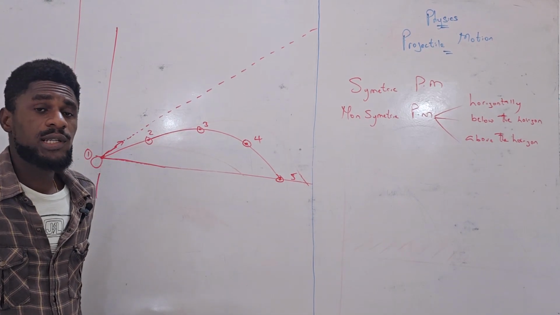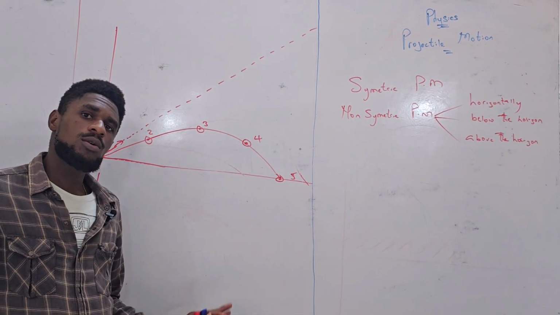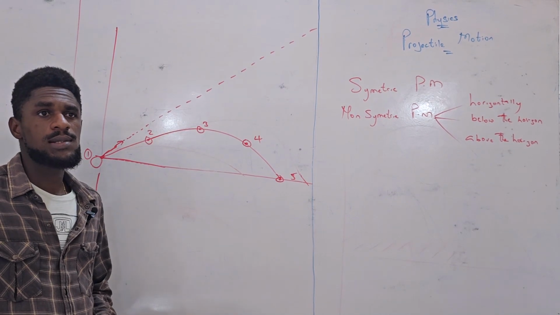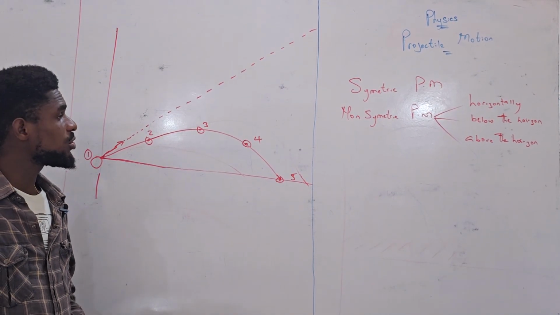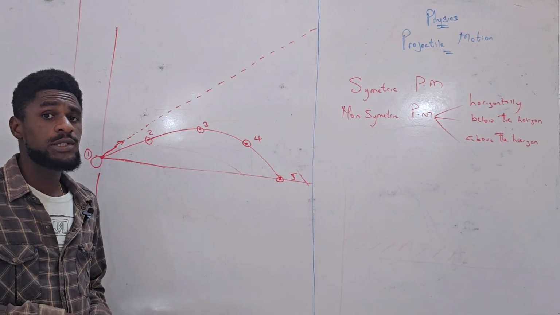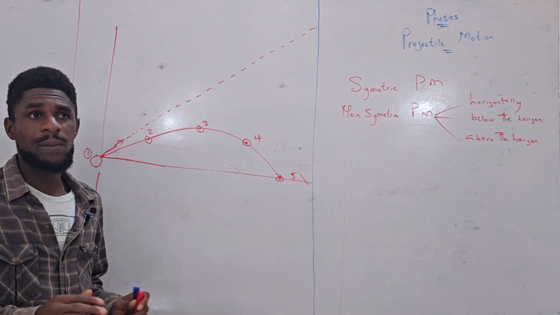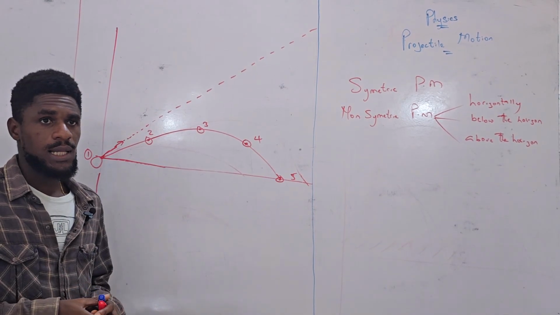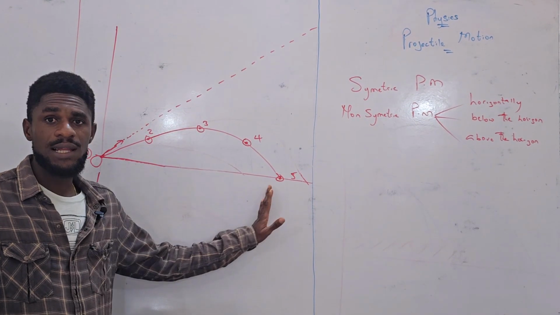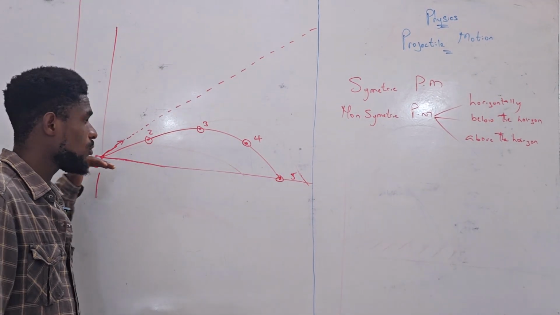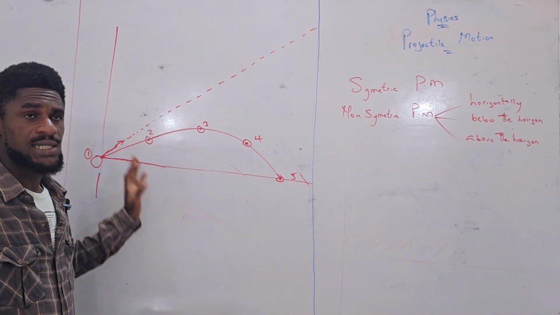Now, for symmetric projectile motion, since from our definition we said projectile motion is a motion in 2 dimensions, we want to analyze what is actually happening in both dimensions before combining them. That is, we look at motion horizontally first, and then move on to motion vertically.